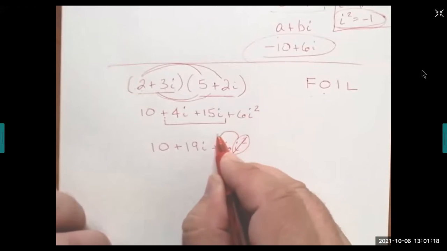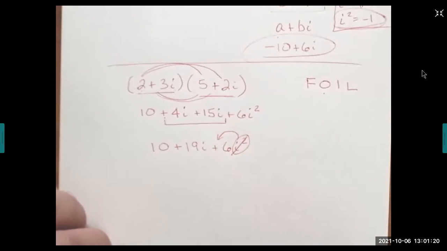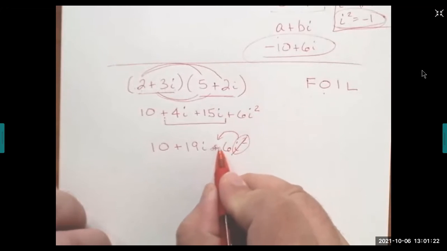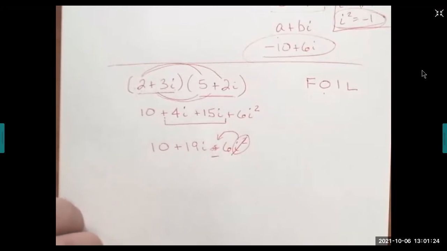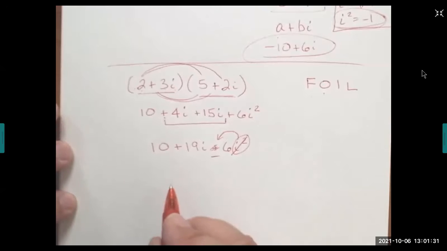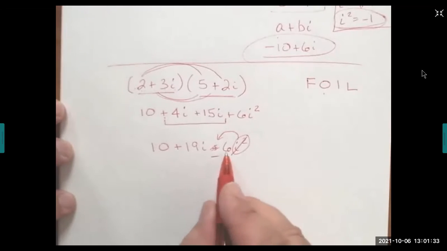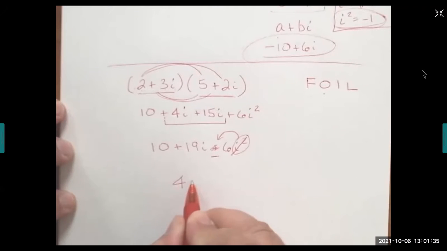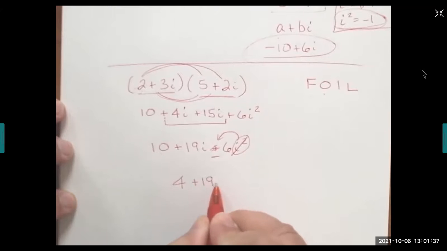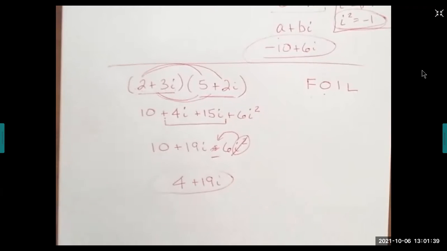It changes the sign of the number in front of it. So from positive, it changes to -6. So we have 10 minus 6 is 4 plus 19i.